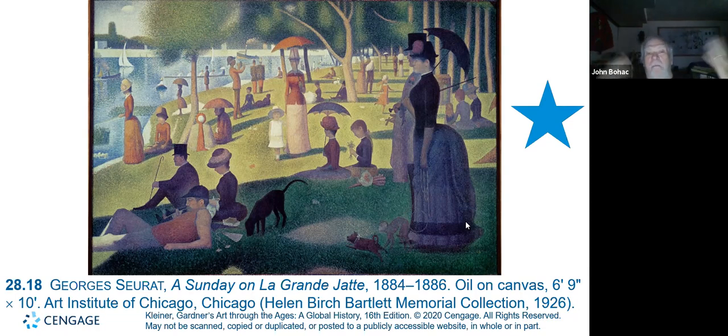And so, bottom line, he saw that you could put two colors next to each other and make a third color. That happens with pixelation.